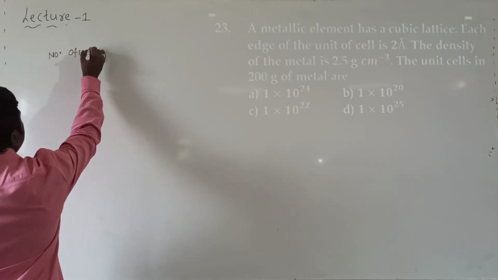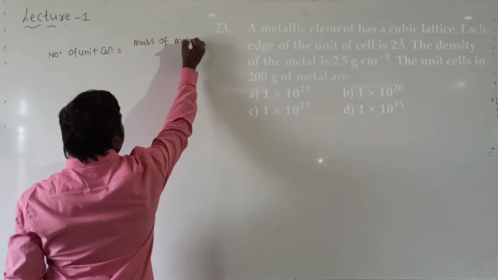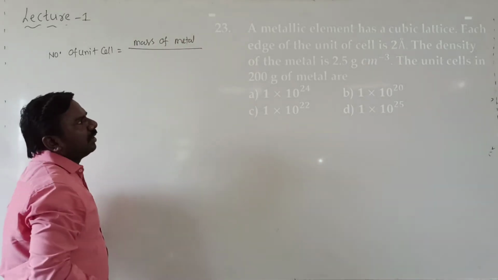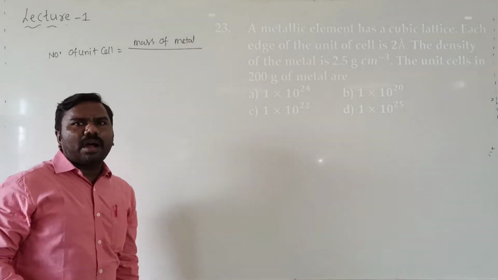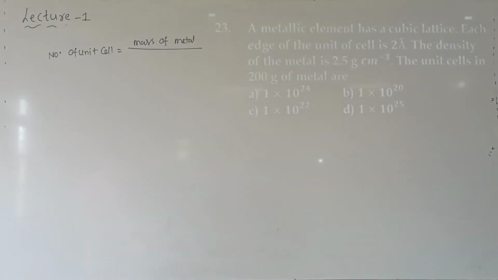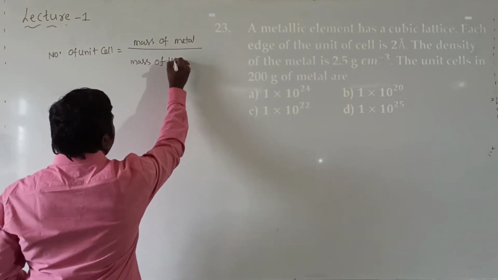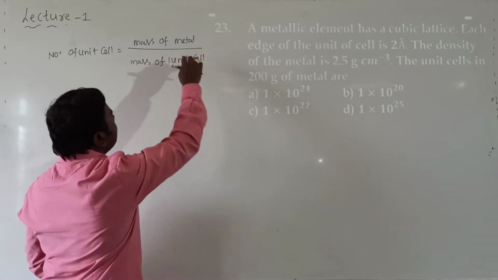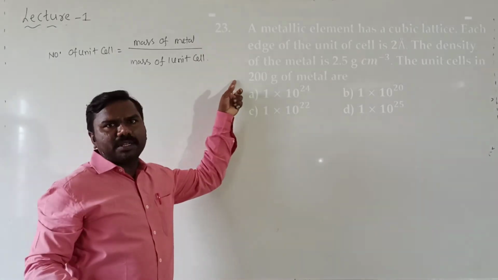So the formula will be: number of unit cells equals mass of total metal by mass of each atom, that is, mass of metal by mass of one unit cell.